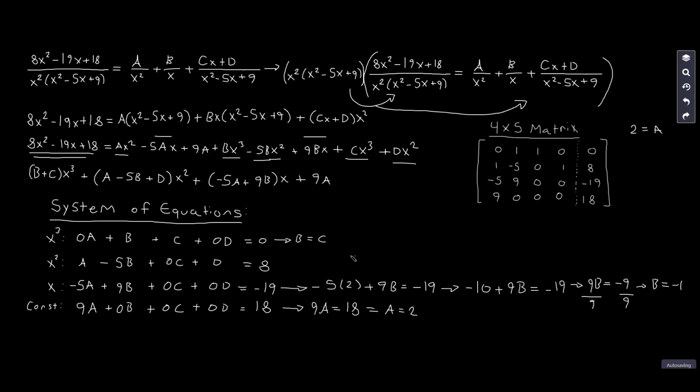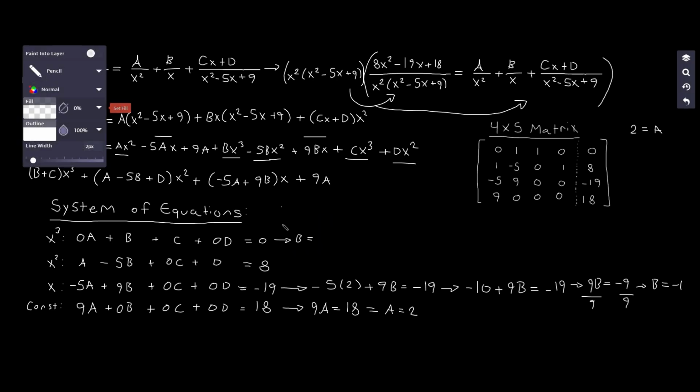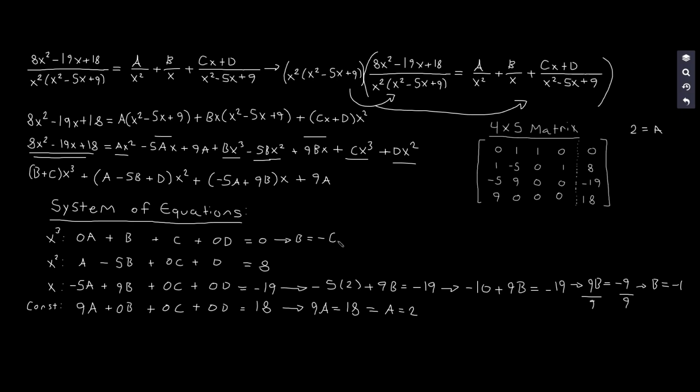B is negative 1. So if I move this to the other side, then that would actually mean that B equals negative C. But if B is negative 1, then that means that C is positive 1, right?